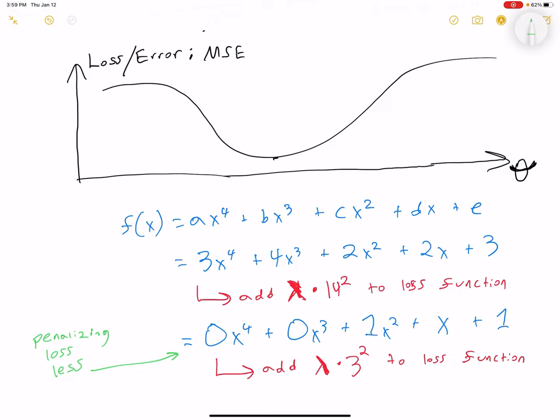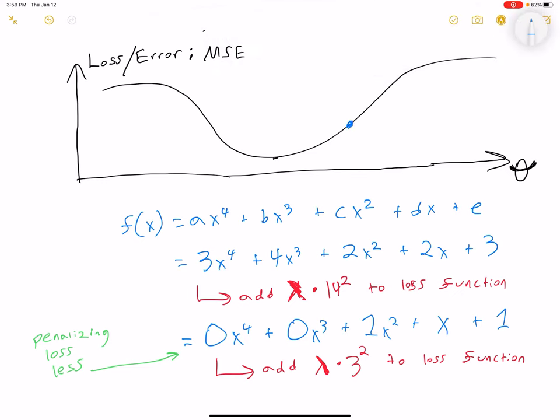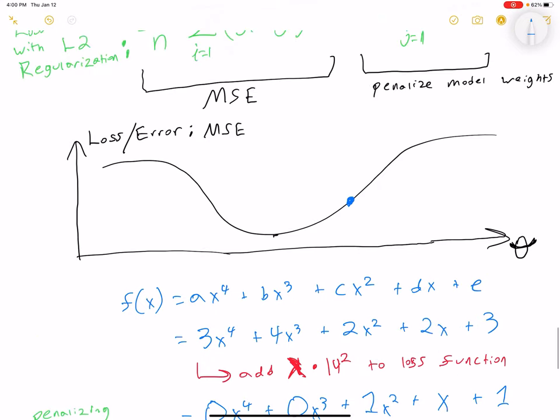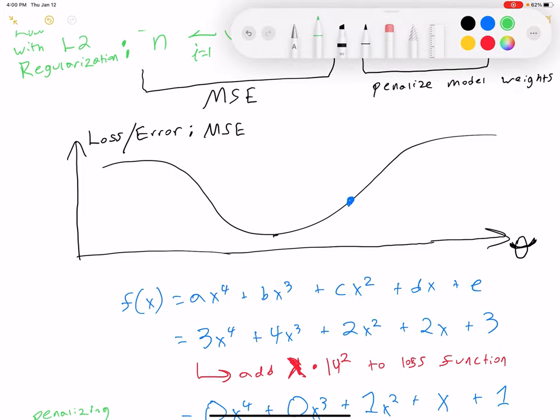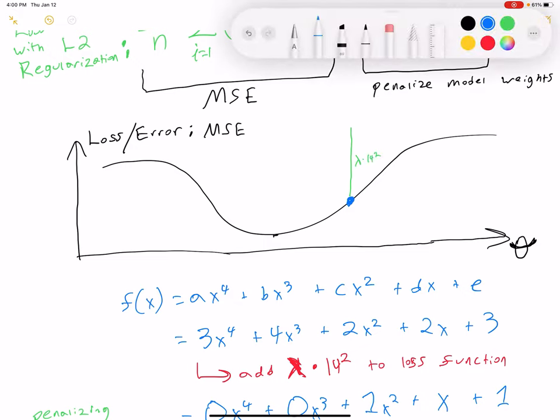Let's say for particular values of a, b, c, d, and e, we get this mean squared error. But because we're adding lambda times 14 squared to the loss function, that brings us up here. This line is going to represent whatever that value is.